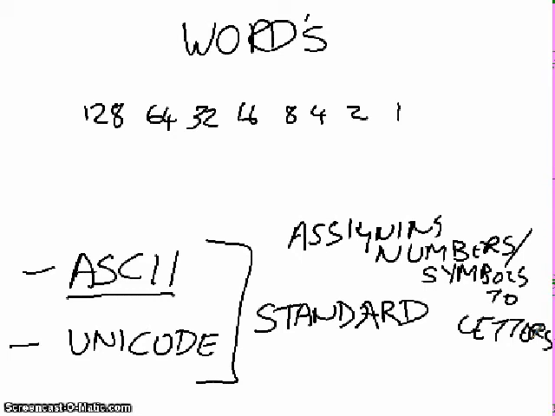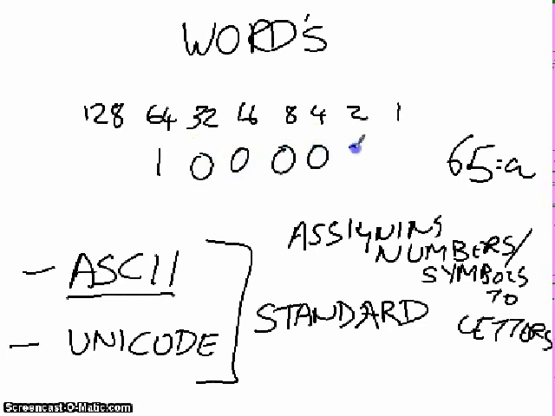So I know that 65 is an A. I think it's a lowercase a actually, I'm pretty sure of that. So if I sent this and then told the computer that that's a number, that's a letter from a keyboard press, then it will work it out for me, and it does it. And that's what ASCII does.